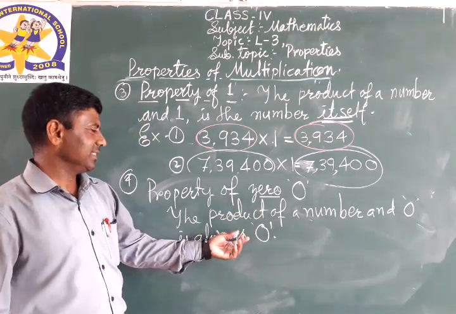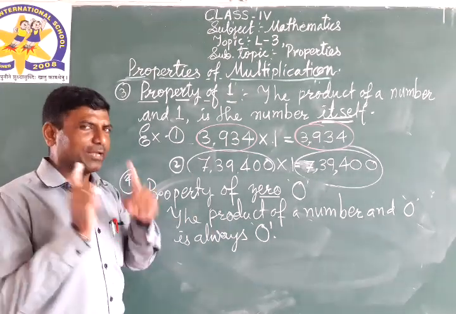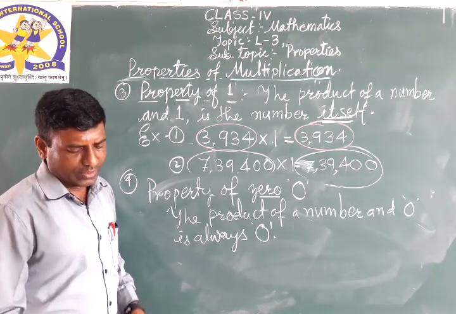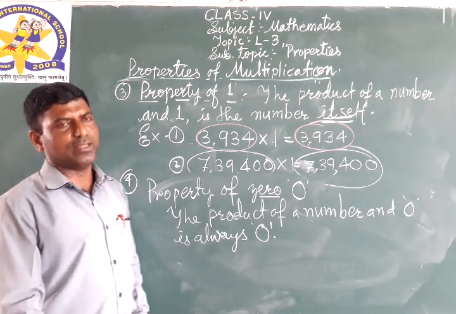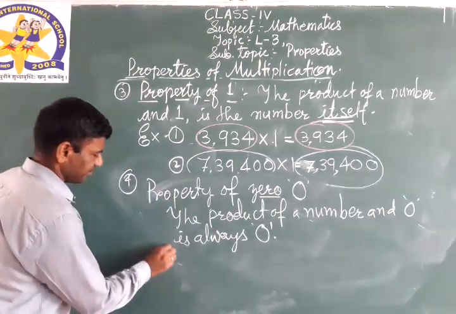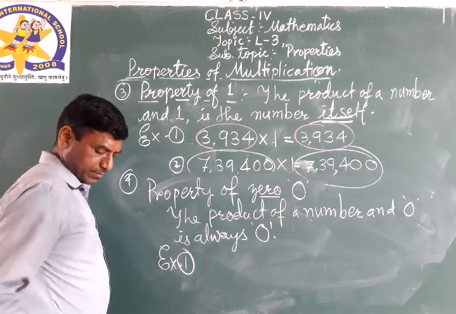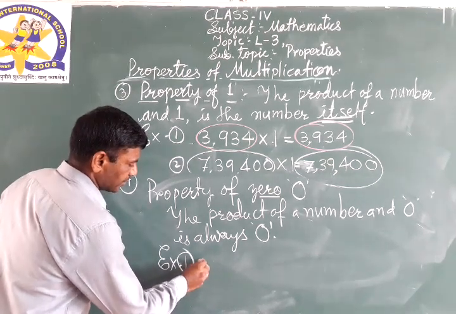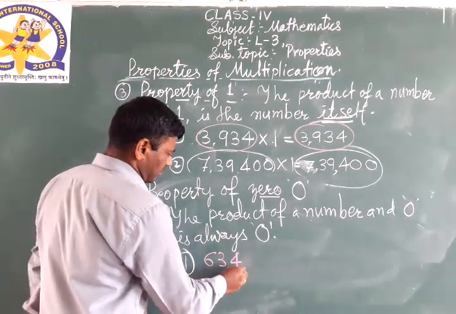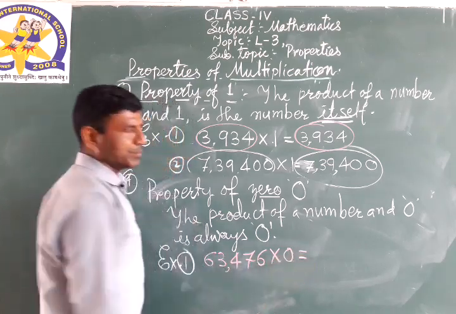What is the meaning of this? The product of a number and 0 means if you multiply 0 to any number or any number to 0, the answer will be 0 itself. Let's take one example. 63,476 multiplied by 0.